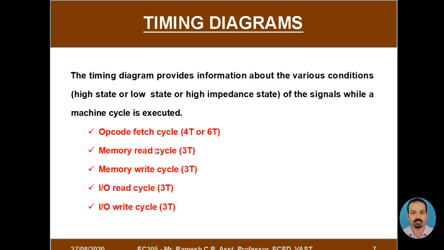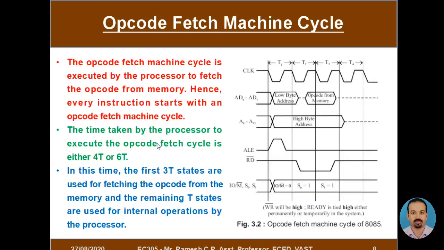Or in most of the cases out of the 74 instructions, as you'll be seeing in later classes, a lot of instructions can be completed, or the instruction cycle itself can be completed, by the single basic machine cycle, that is the opcode fetch cycle itself. So thorough knowledge of the machine cycle representation of these 5 basic operations is enough for developing the timing diagram of the various instructions supported by the 8085 microprocessor.